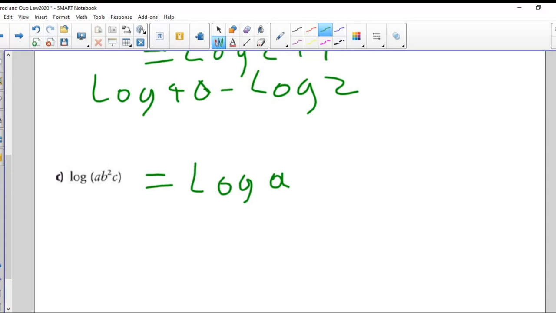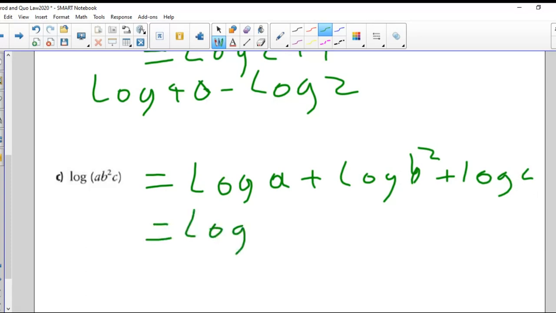You probably meant the log of b squared, and then plus the log of c. So it makes sense, Edmund, what you just wrote? And I'd probably write it this way. I'd say the log of a, and I'd probably say plus 2 log b, and then plus log c.